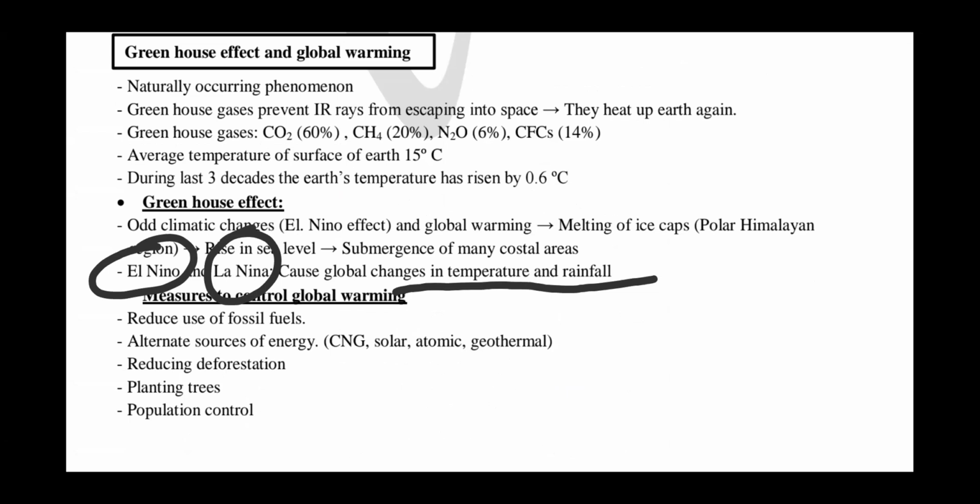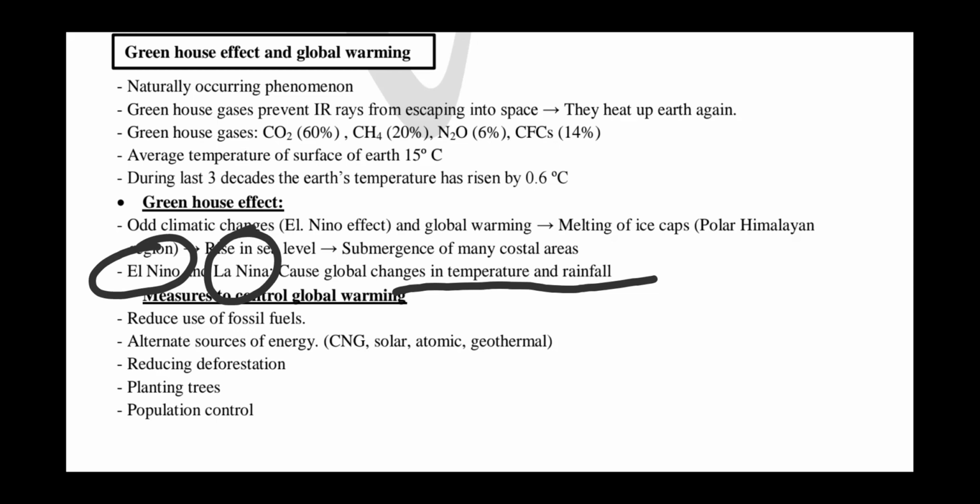Right? Temperature rises, and due to that clouds are formed, but these clouds don't have enough water. If there is no water in the clouds, then there is no sufficient rainfall, right? Seasonal variation and weather change totally.